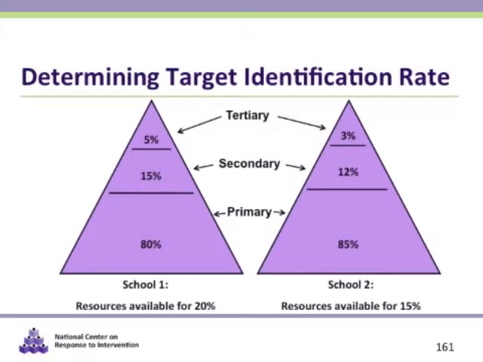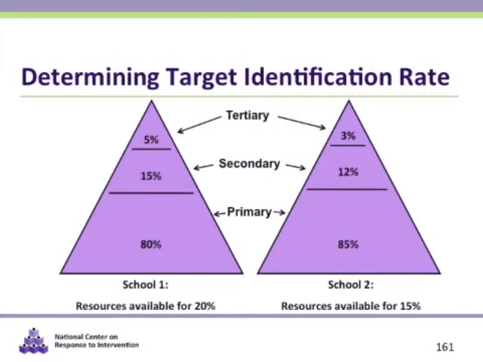In contrast, School 2 only has enough resources to serve 15% of its population in its secondary and tertiary. So its target identification rate is set at 15%. Now, if you remember, we had that ranking of the students from our screening. That would be a way to identify the lowest 20% or the lowest 15%.